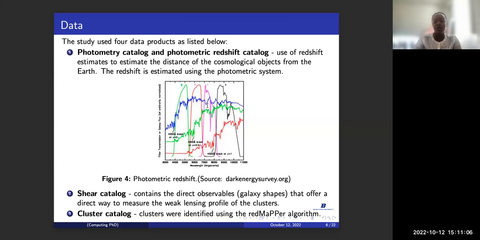So how it is done: the telescope is fitted with filter bands, and the filter bands selectively let light pass through based on the wavelength. Based on this sensitivity, we're able to capture the spectrum of different galaxies, and we do this optically.